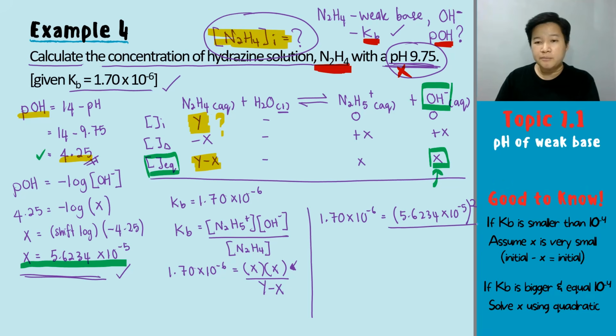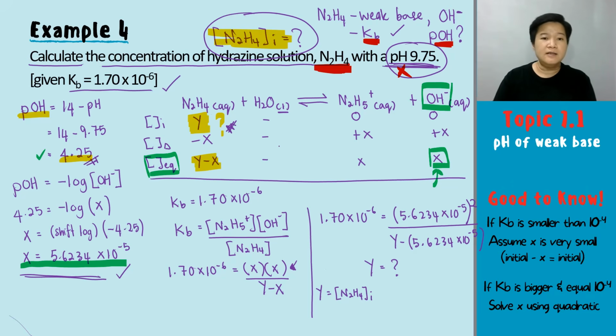Divide by Y minus X, which is Y minus 5.6234 times 10 to the power of negative 5. Okay? And since you only have one unknown, guys, you can find what is your Y, right? Knowing that your Y also equals to the concentration of your hydrazine initial that we want. That is your Y. Can you see that? So, your Y calculated is 1.9164 times 10 to the power of negative 3 molar.